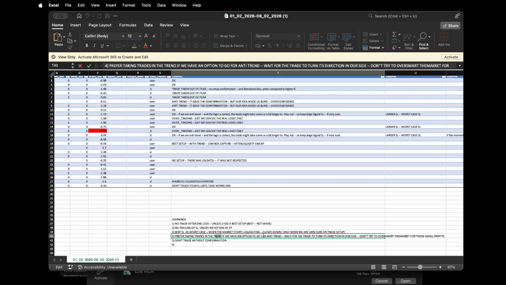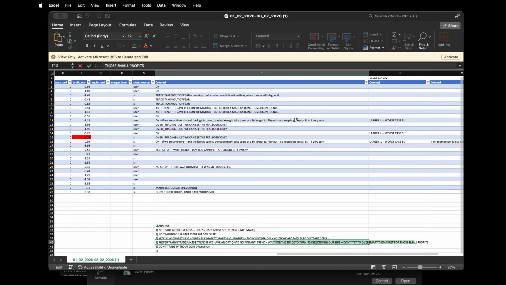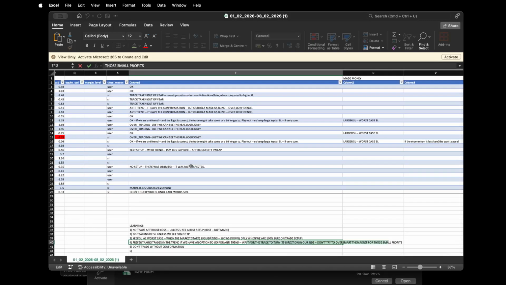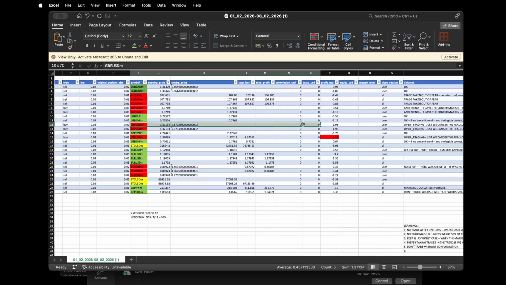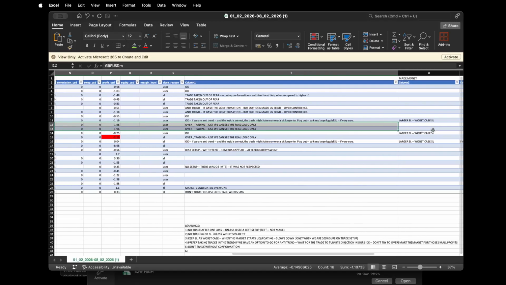If we have an option to go for anti-trend, wait for the trade to turn its direction to our side. Don't try to outsmart the market for small profits, like we did in GBP USD. We took a buy and we lost on a major great selling trade.